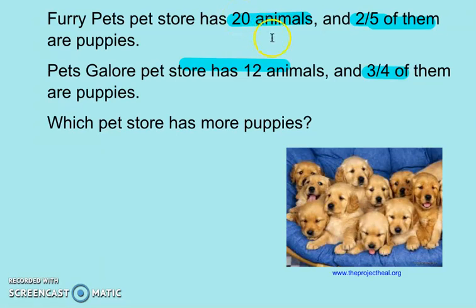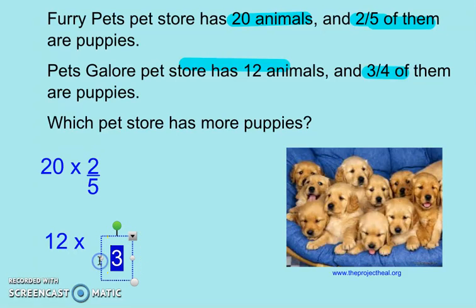So let's start with the 20 animals at the Furry Pets store, where I want to find 2/5 of them. Let's set up a multiplication problem. And at the other store, we have 12 animals times 3/4 of them. Now I can change both of these to fractions.